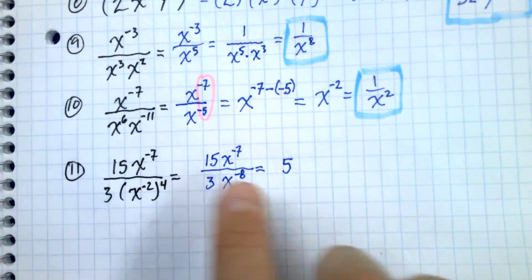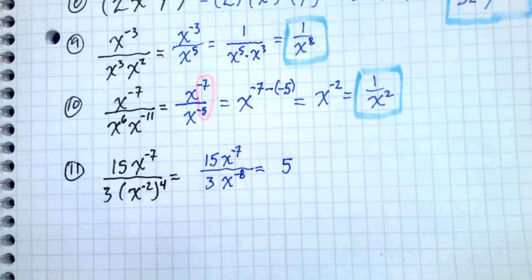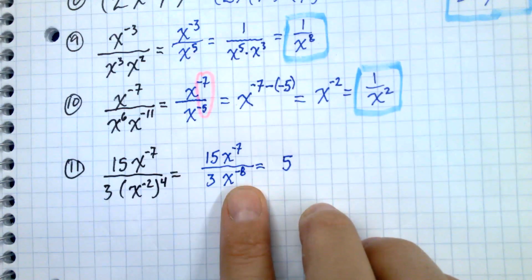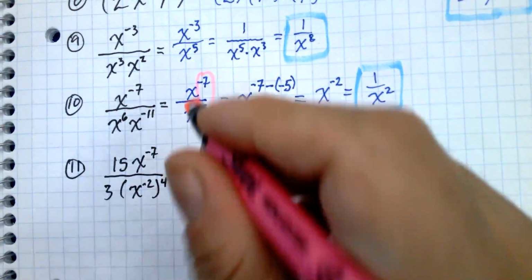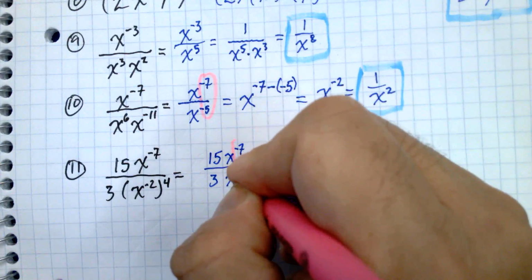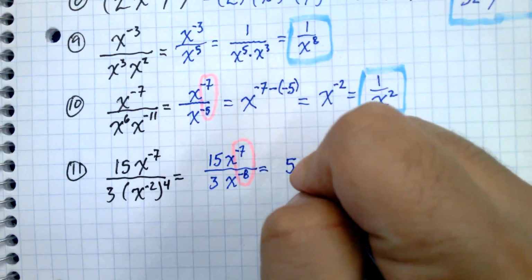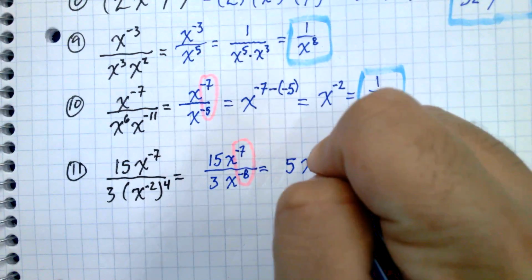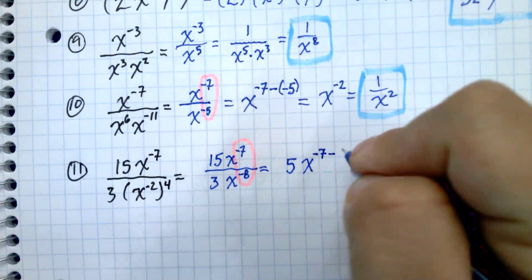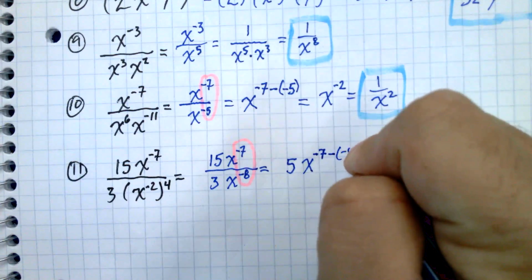And then do you want to use the subtraction method or flip them and do all that? Subtraction. Okay. So the subtraction method tells us that we have to subtract those. So that becomes x to the negative 7 take away negative 8.